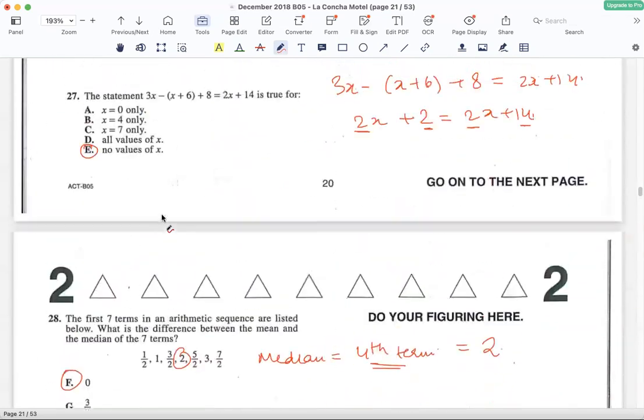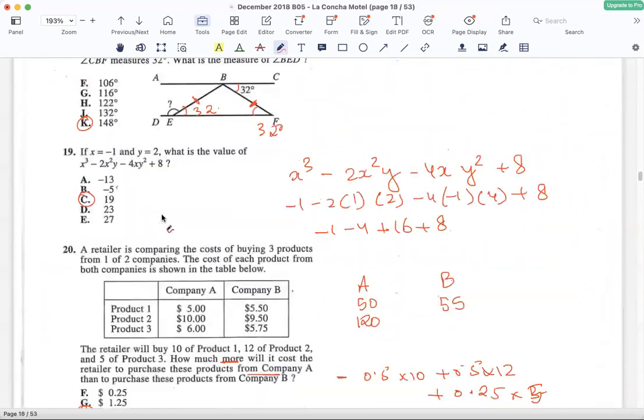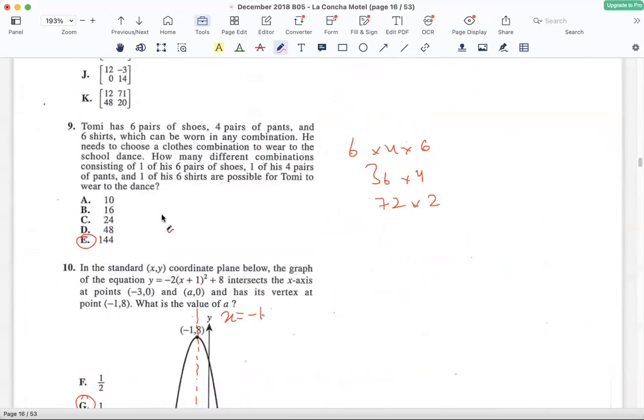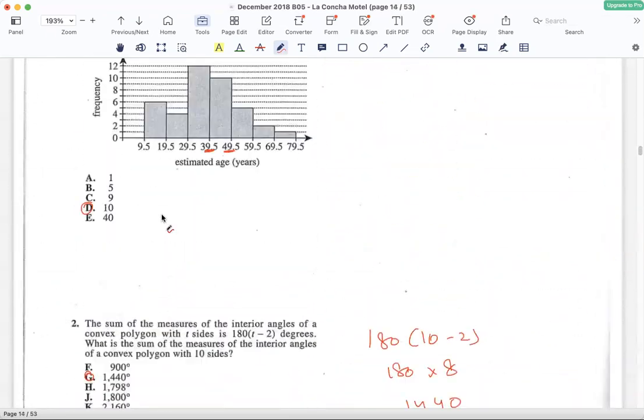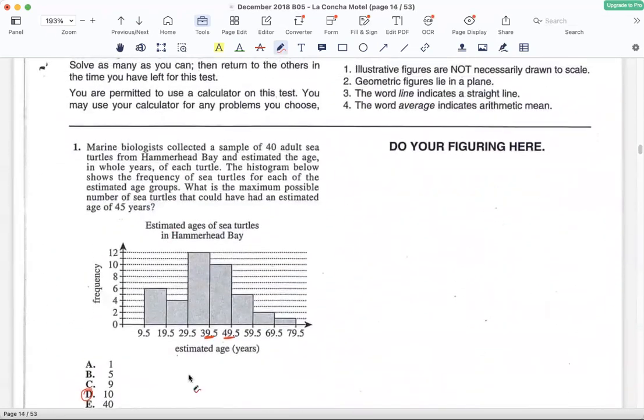Okay, so those were the first 30 questions. Let's grade this. Starting from question 1.